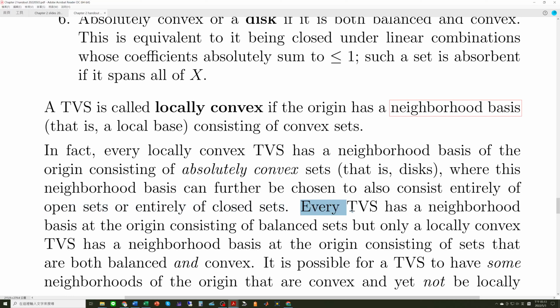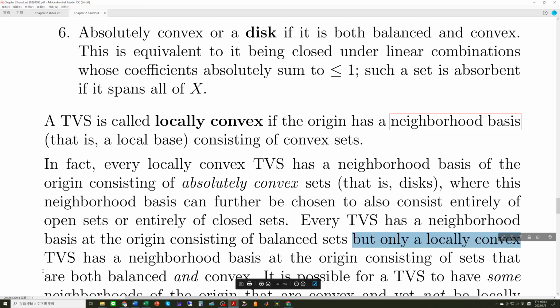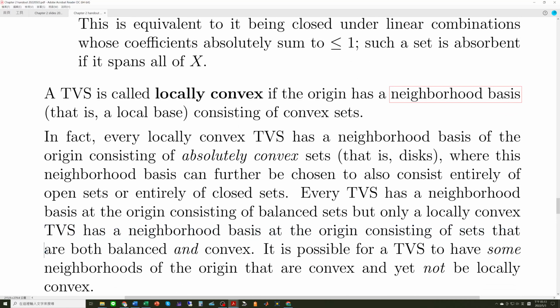Every TVS has a neighborhood basis at the origin consisting of balanced sets. We have just reviewed what is a balanced set. But only a locally convex TVS has a neighborhood basis at the origin consisting of sets that are both balanced and convex.